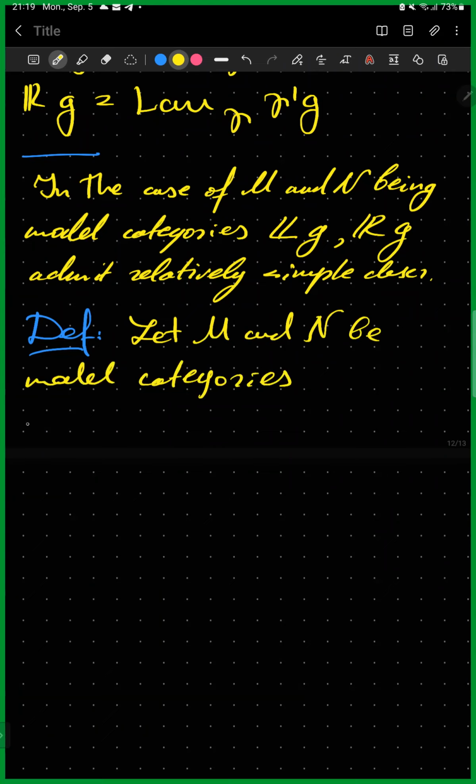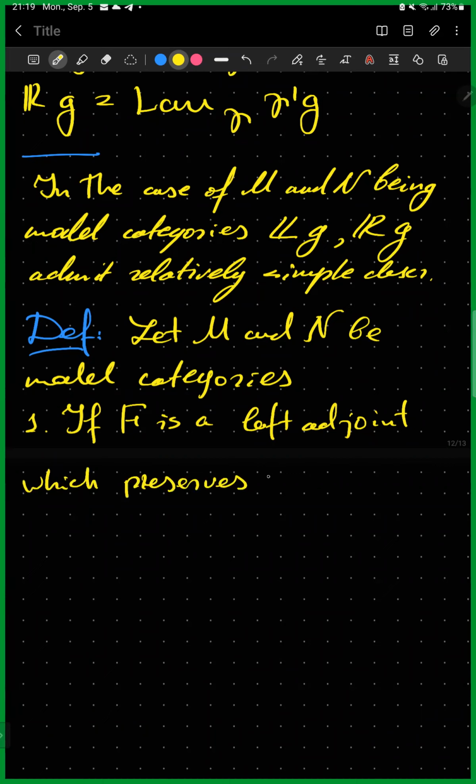If F is a left adjoint which preserves cofibrations and trivial cofibrations, then F is called a left Quillen functor.